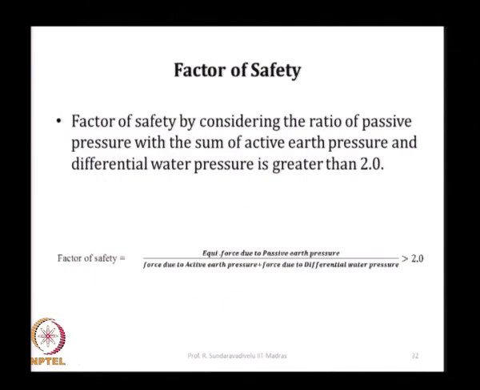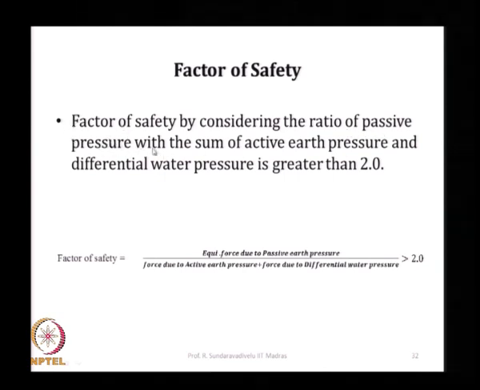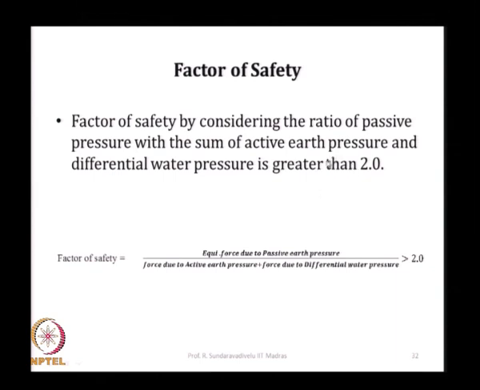Somebody was asking how to fix the founding level of the diaphragm wall. We have to calculate the factor of safety. This is by considering the ratio of passive pressure, I have to say passive force, with the sum of active earth pressure force and differential water pressure, it should be greater than 2.